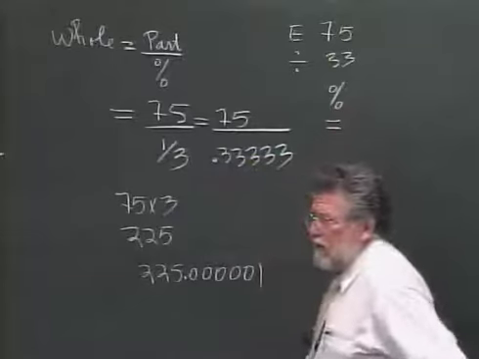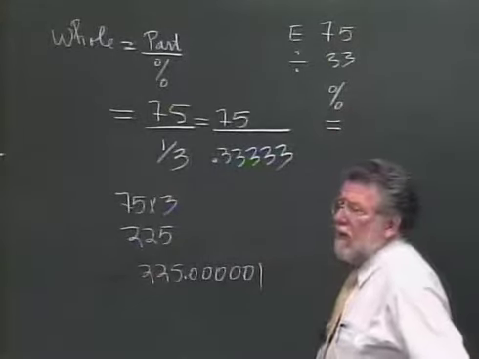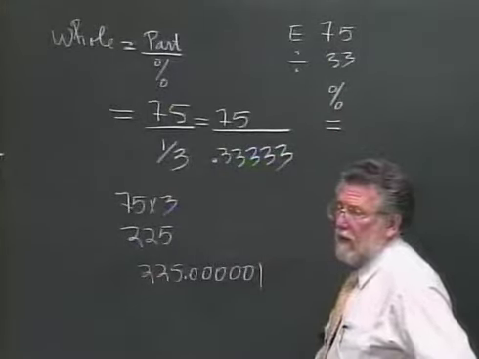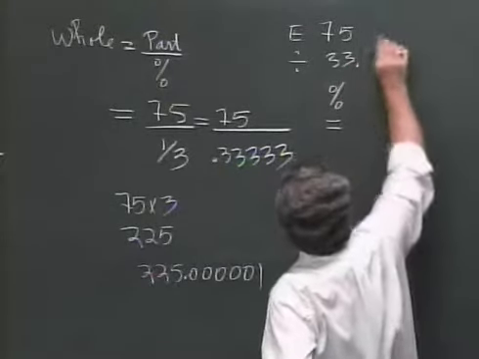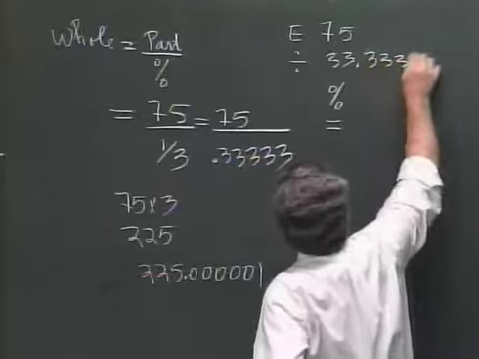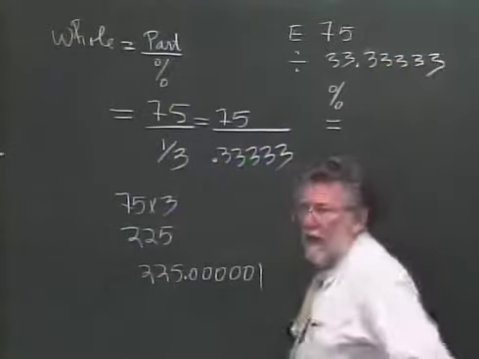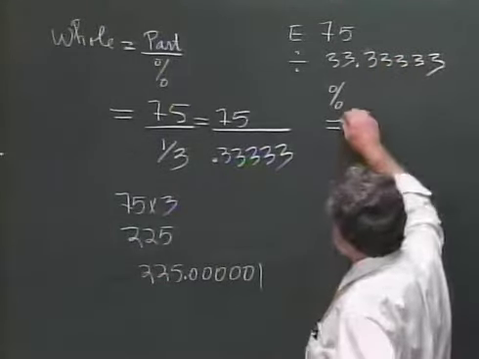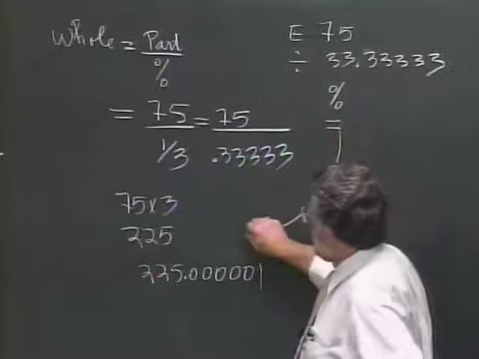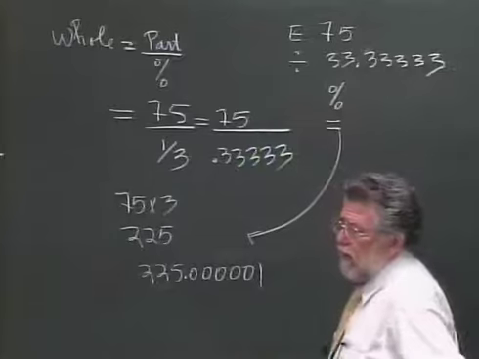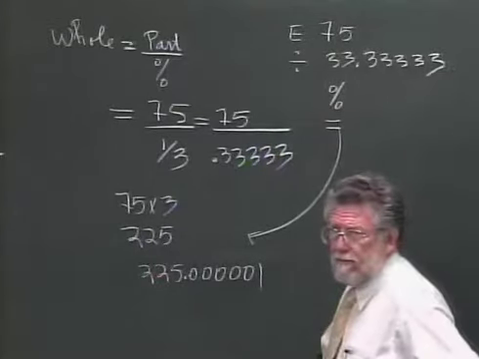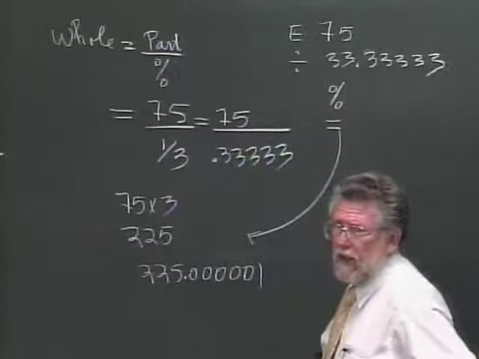But what was your discount? 33%, not 33 1/3%. So what I would have done is enter 33 and then have what? As many threes as I can, and then hit the percent key, and then you should get this same amount, somewhere around 225 or 225 with a lot of zeros and a 1. Okay? Do we have any question there?